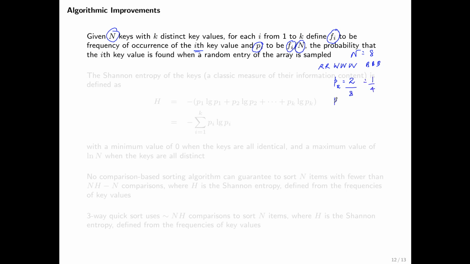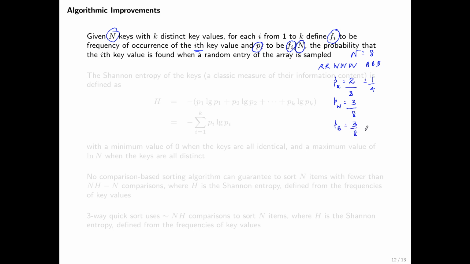What about the probability of W? Well, that is 3 divided by 8 because you have 3 values that are W. So the probability of W is 3 over 8. And then what is the probability of B? Well, that is also 3 over 8.